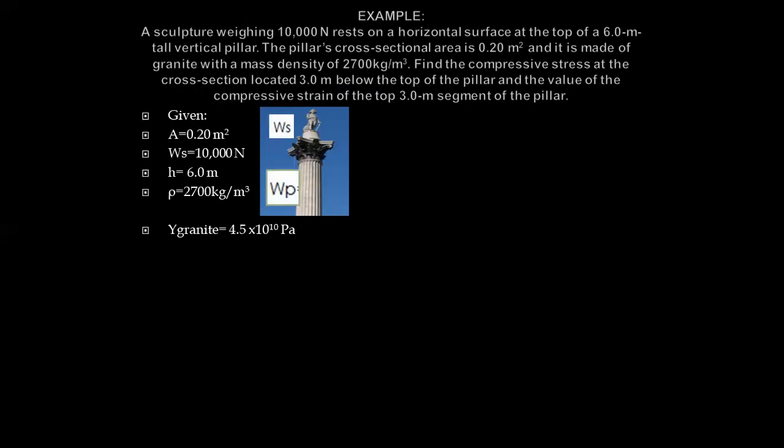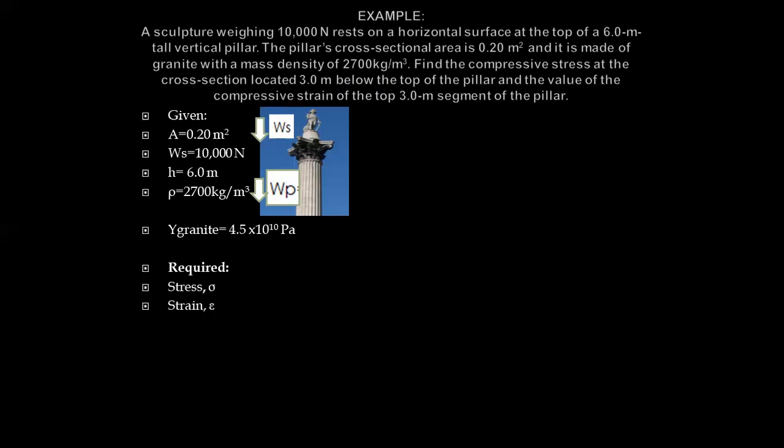We're going to label the diagram: the weight of the sculpture and the weight of the pillar point downward. Remember that the weight of the sculpture is equal to 10,000 newtons.